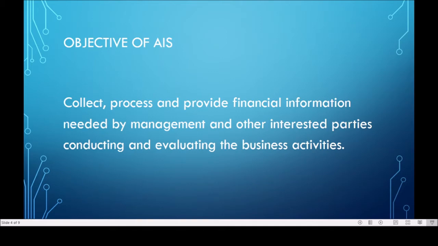And this financial information will be helpful to the management or to any interested parties in identifying certain problems, identifying solutions, and evaluating the business activities of the entity. So that is the objective of accounting information system.